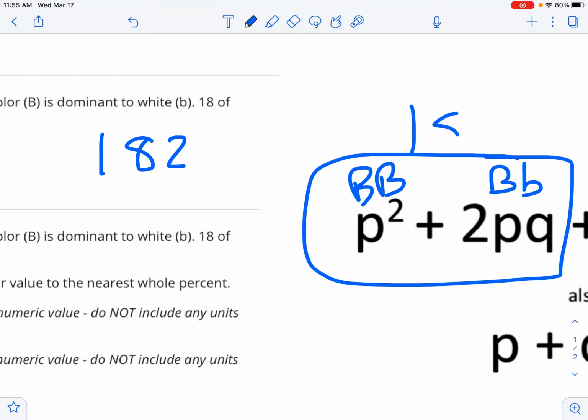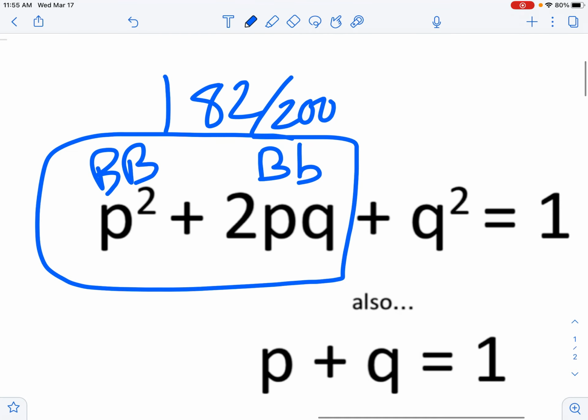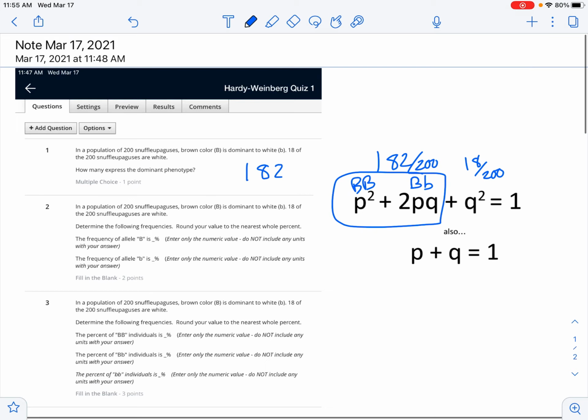So 182 out of 200 are those genotypes, and q squared is the 18 out of 200 that have the recessive phenotype.